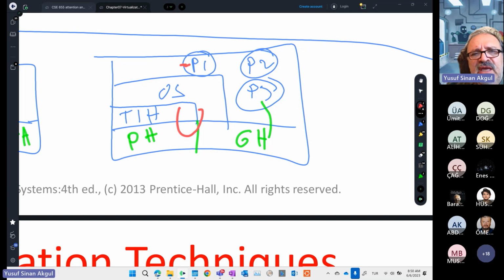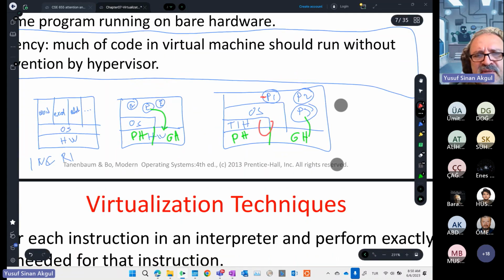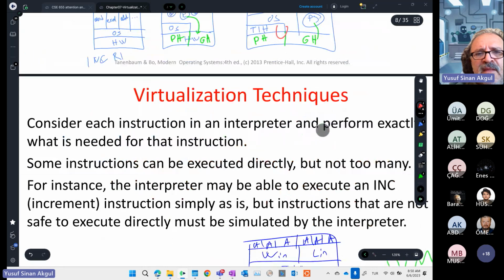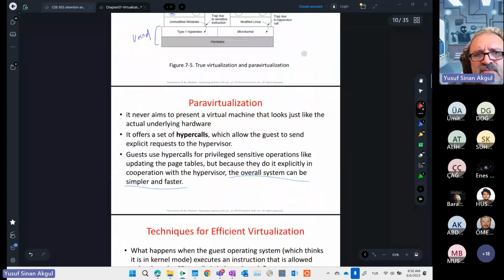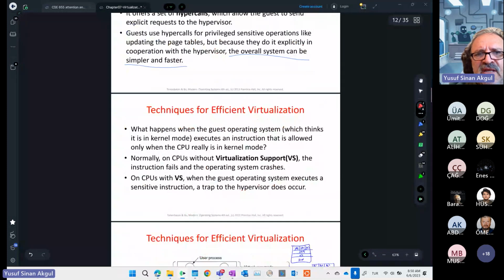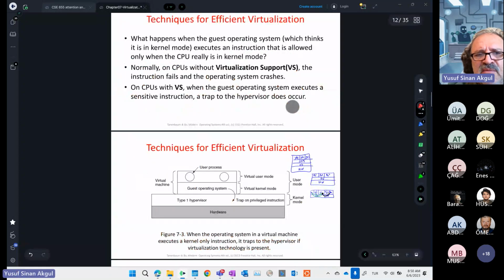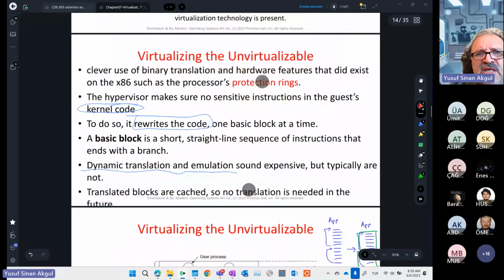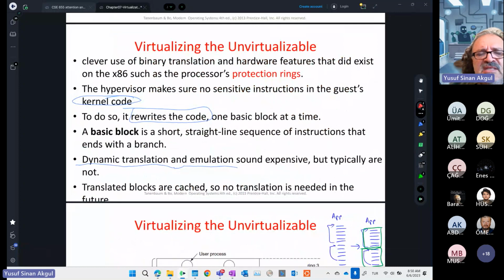This is when you execute your instructions. Of course, there are other support mechanisms, such as virtual memory support, input-output support, peripheral support, and so on. We will talk about them. But if you don't have any support for virtualization in your hardware, it is still possible to do virtualization.